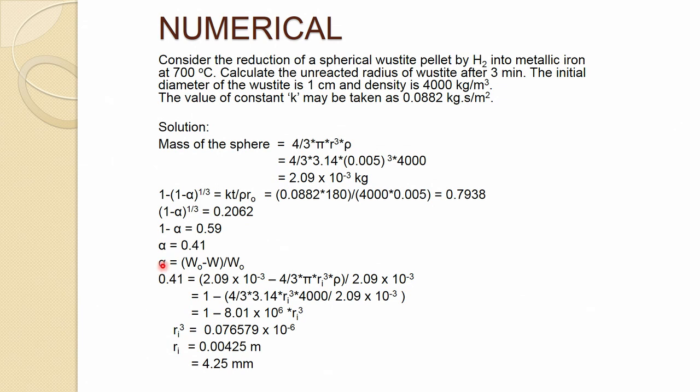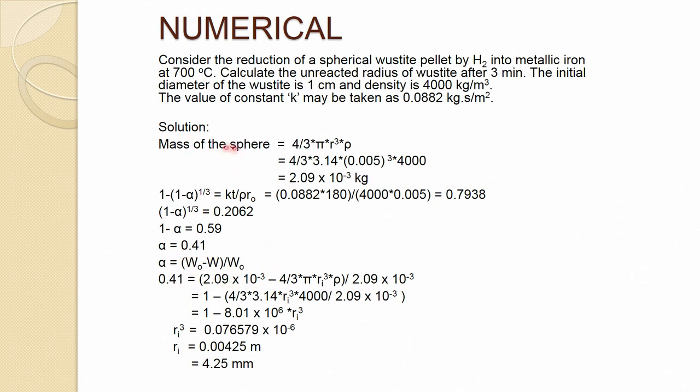Now, the fraction reacted can be represented by W naught minus W, where the radius is that at that time, that is, the radius of the pellet after 3 minutes, and W naught is the initial weight. So, from this we can calculate.